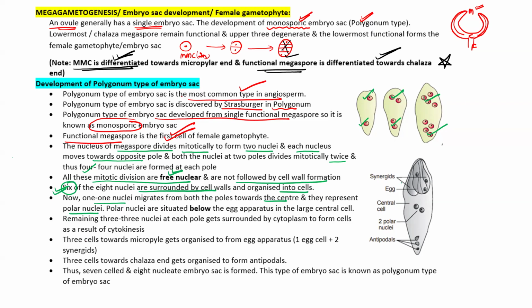Now, towards the micropyle you find one egg cell and two synergids, antipodals total 3 in number, and the central cell is the biggest cell of the embryo sac. So you are getting a 7-celled, 8-nucleate embryo sac.